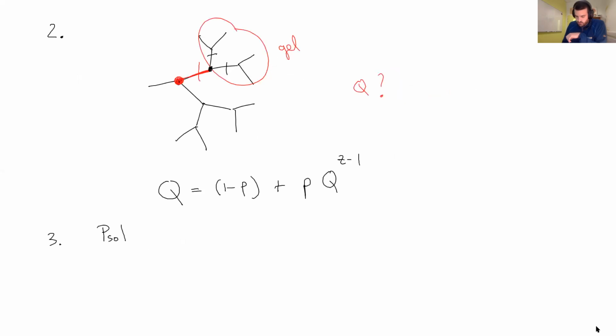Okay. So what is P sol? It's the probability for a monomer, say this one, for instance, not to be connected to the gel. For not being connected to the gel, we need that with all bonds, it's not connected to the gel. Right. So Q power Z.